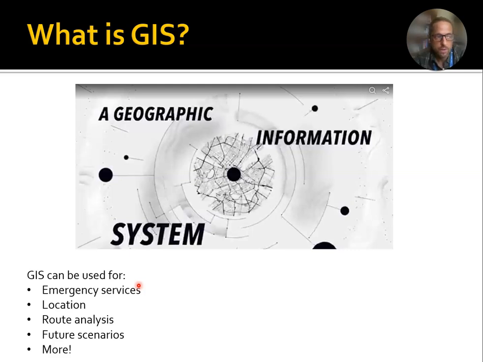A lot of folks use it in the policy world for planning purposes. City planners certainly use it. People that are designing neighborhoods and any kind of infrastructure, human infrastructure, are going to use a GIS because there's a spatial component and there's a bunch of different considerations.